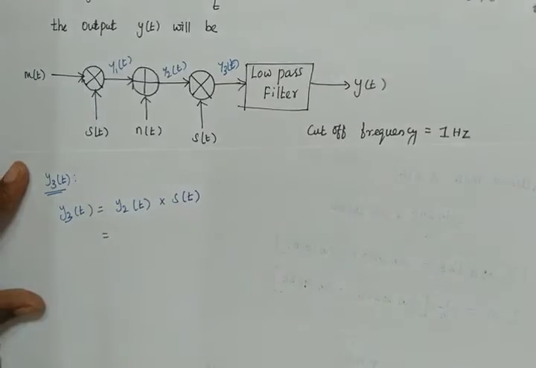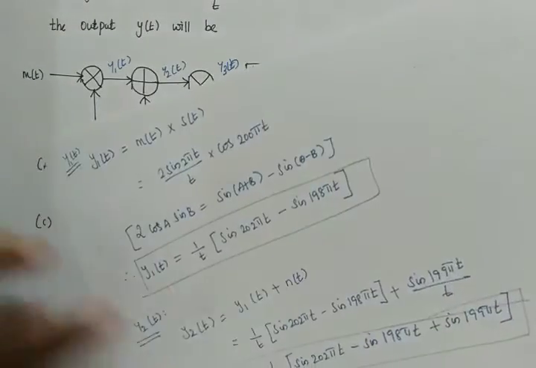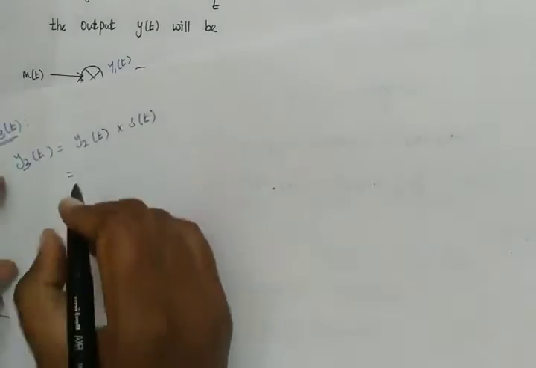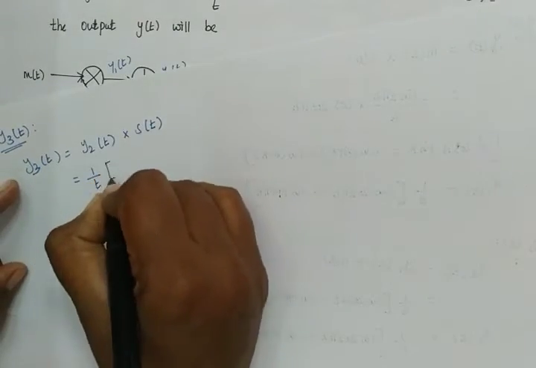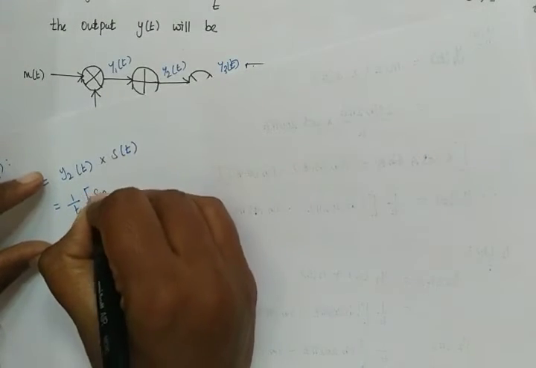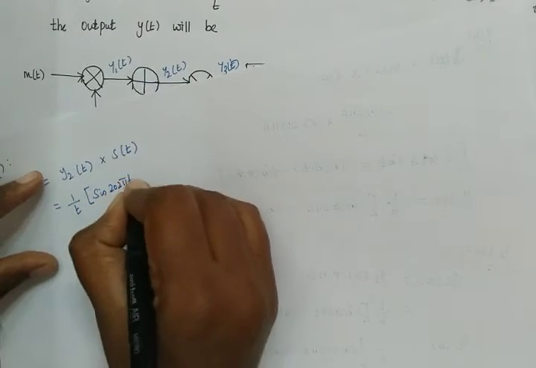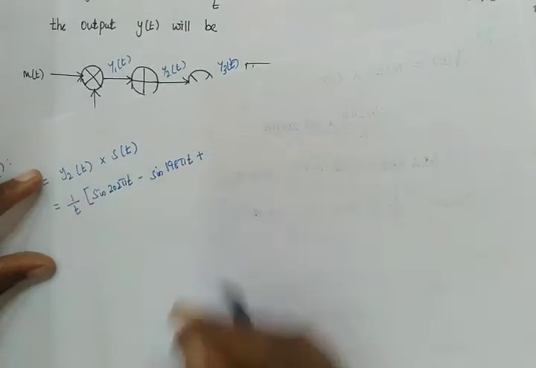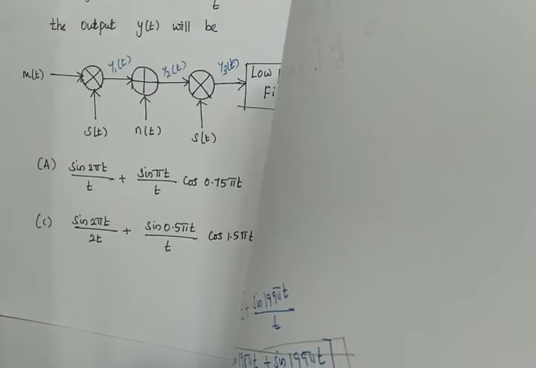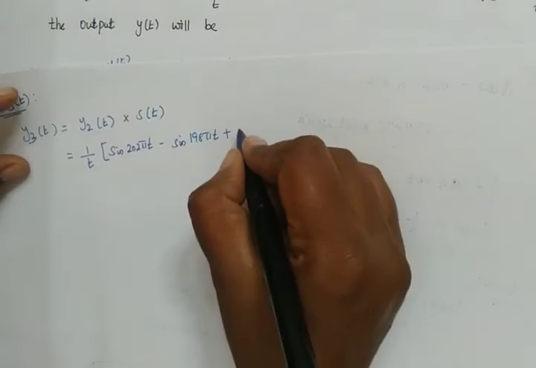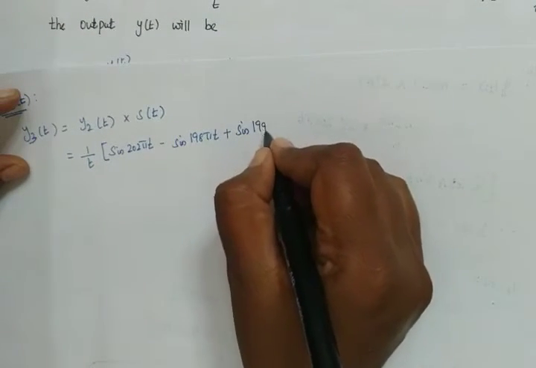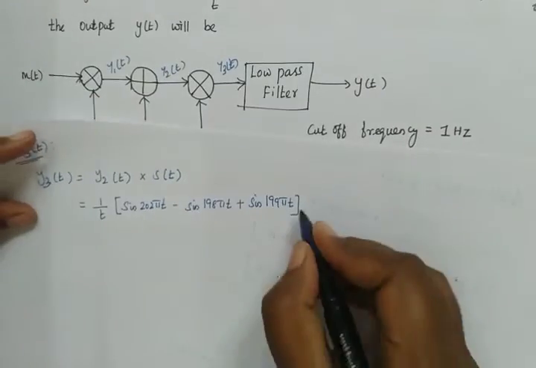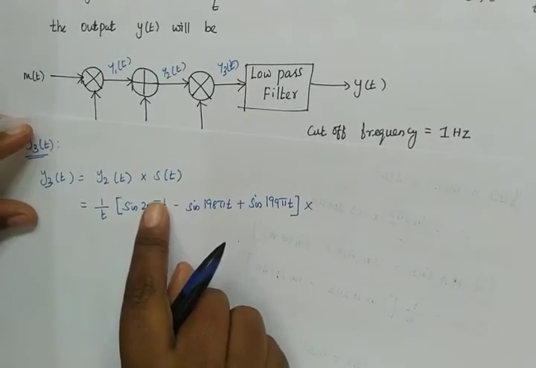Now what is y2 of t? Just now we have written that it is 1 by t into sine 202 pi t minus sine 198 pi t plus sine 199 pi t, into what we are going to multiply here? S of t.